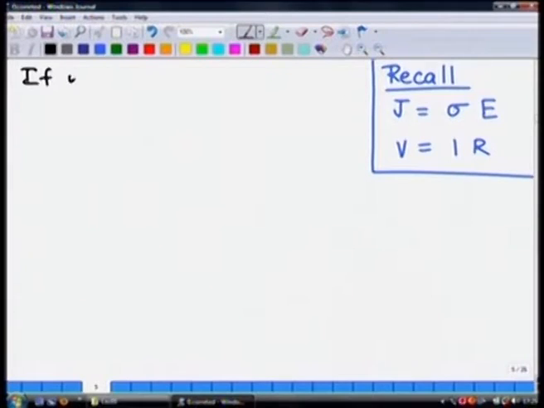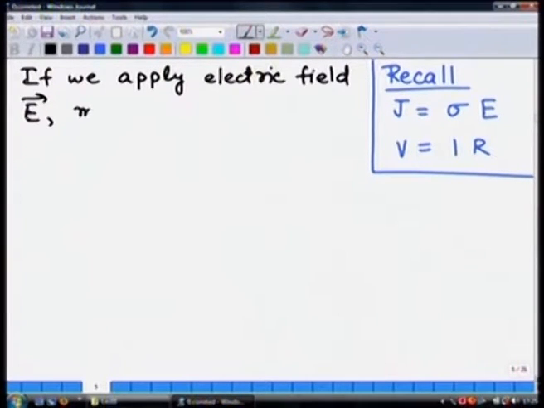So let's start with that. Suppose I apply an electric field E. In that case, what happens?